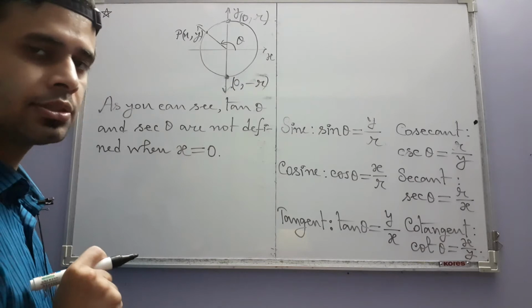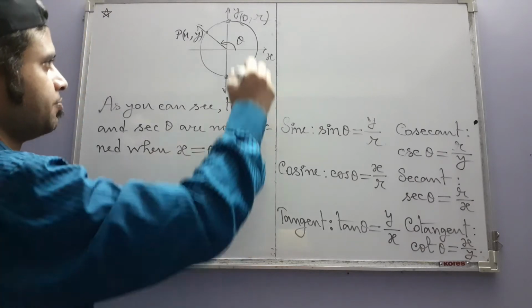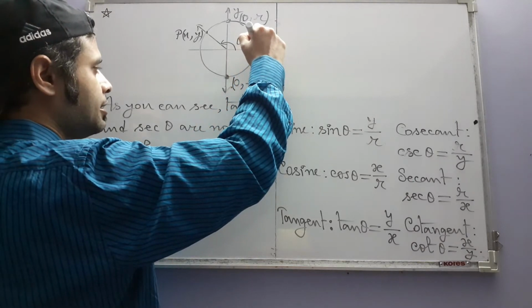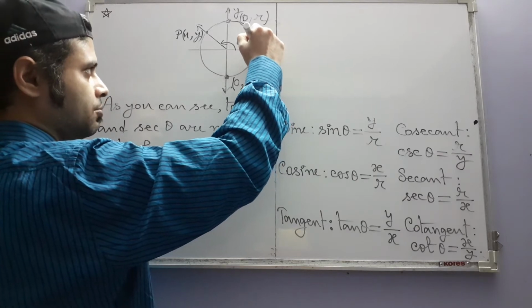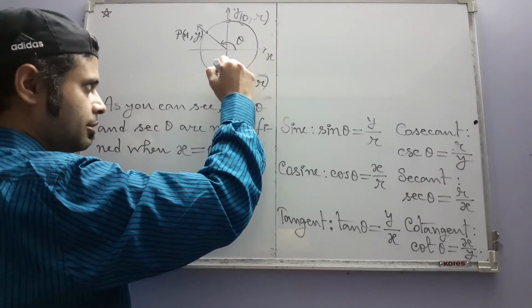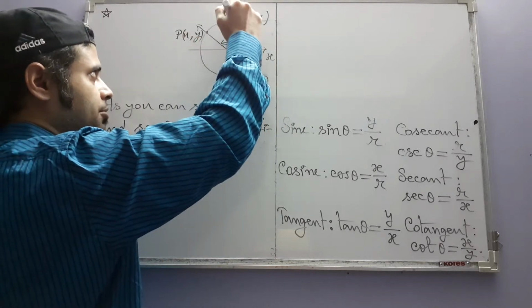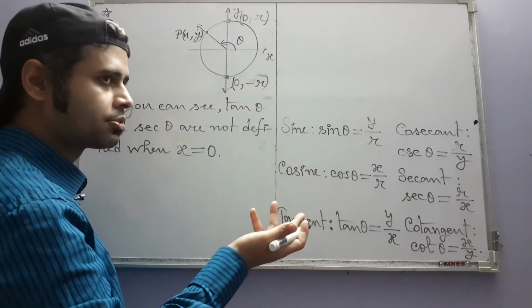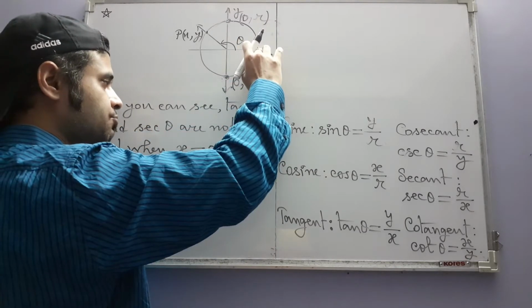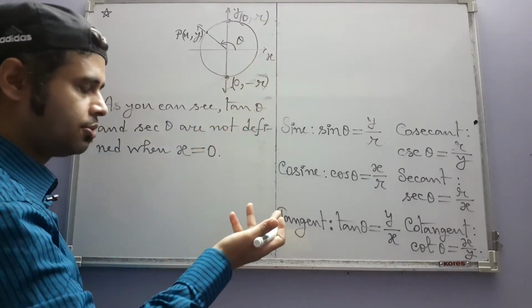And the same can be said also for negative angles. If your angle is minus pi divided by 2, then you get this position. Minus 3 pi by 2, then also you have a problem. Minus 4 pi by 2, minus 5 pi by 2, then you have a problem.